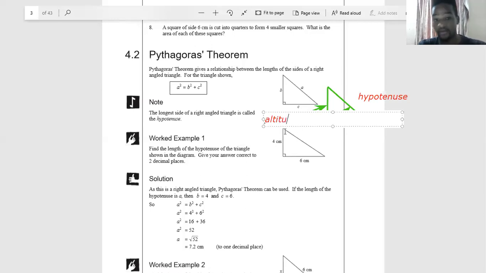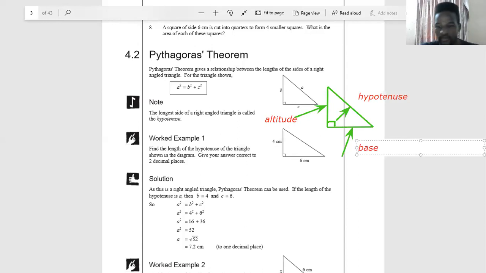But to make it simple for you to understand for now, this side, the straight one, the height, it's either called the altitude or the height. But you know, we like being fancy, so it's altitude. We clear. And then this one here, the last one, we call it the base.